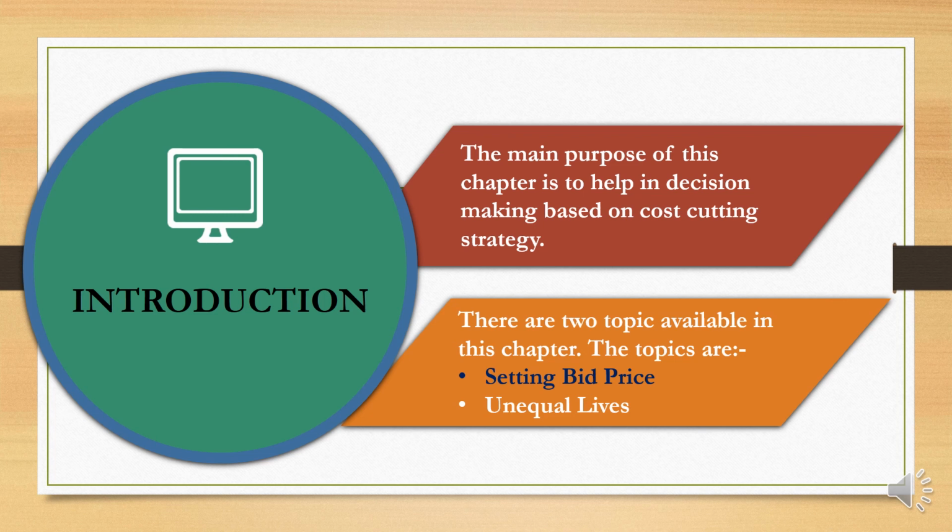There are two topics available in this chapter: setting bid price and unequal life. In this video, it's more focused on setting bid price, where you will learn how to calculate the bid price.